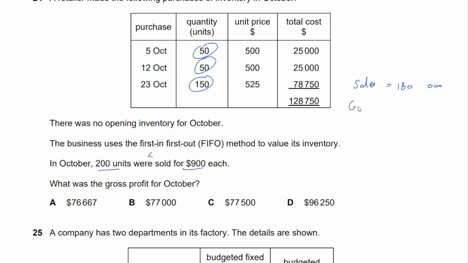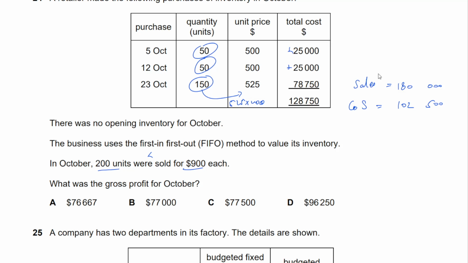So the cost of sales is going to be 25 plus 25. So the whole amount here, and only 100 out of that. So 525 times 100. Does that make sense to you? So 525 times 100 plus 25,000 plus 25,000. That is 102,500. That's the cost of sales.